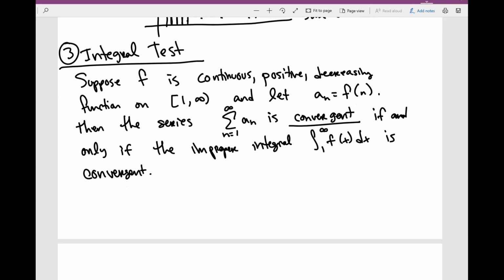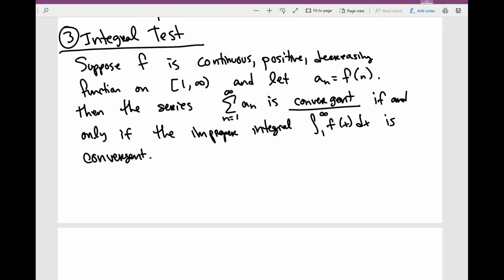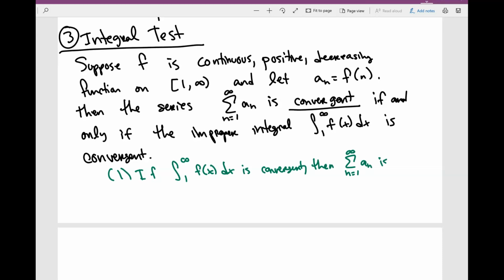Okay, so basically, if I wanted to have it in different bullets, this is what we're saying. If the integral from 1 to infinity of f of x dx is convergent, then the summation from n goes from 1 to infinity of a sub n is convergent.